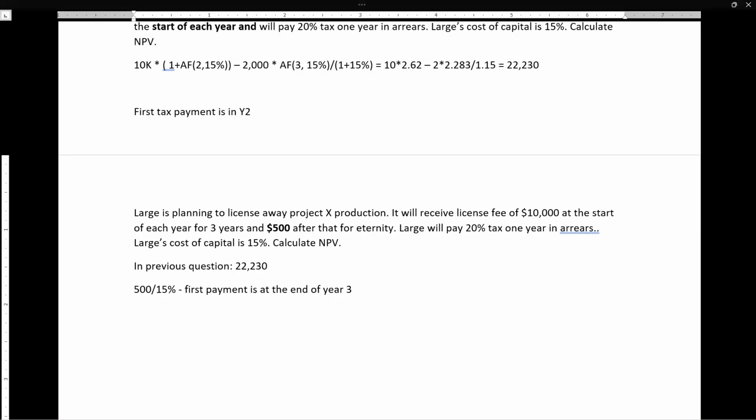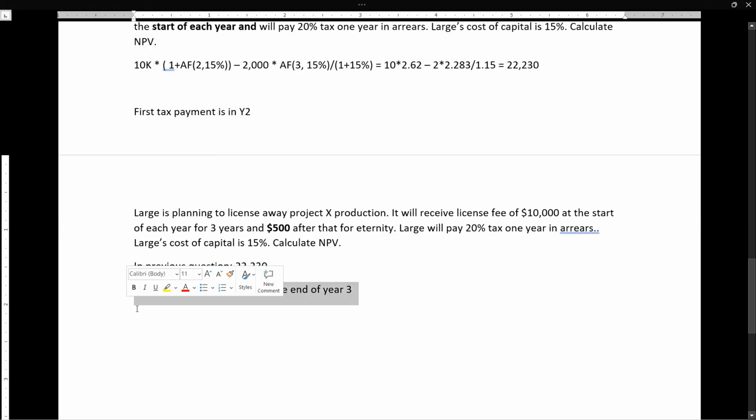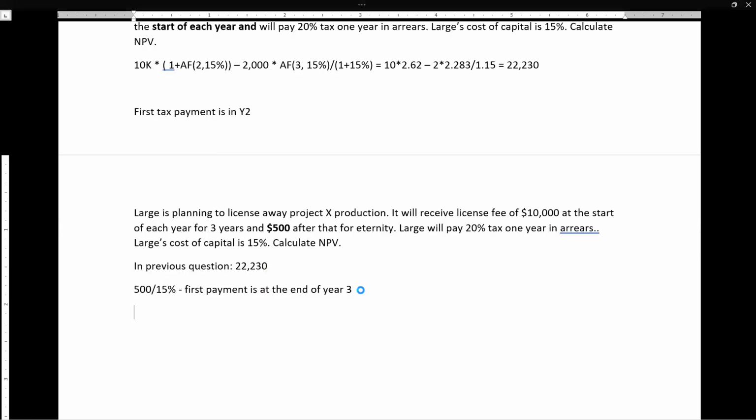And this also would mean that we need to discount it now. Why? Well, because our discounting works from the perspective that the first payment starts at the end of the year. So as this starts at the end of year 3 and we need to have it at the end of year 1, the first payment, then we're going to multiply it by the discount factor over 2 years and 15%.